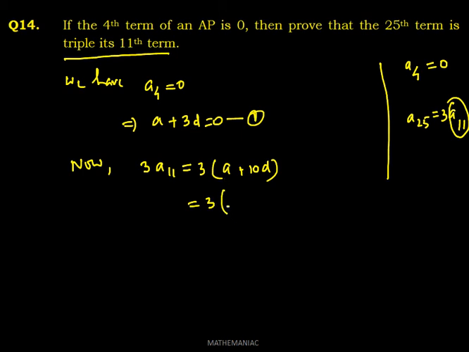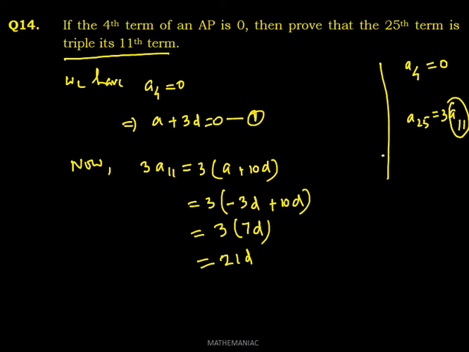What value can you put here? You can put minus 3d plus 10d. How much have you got? It is 7d. So what can you write this as? 21d, right?